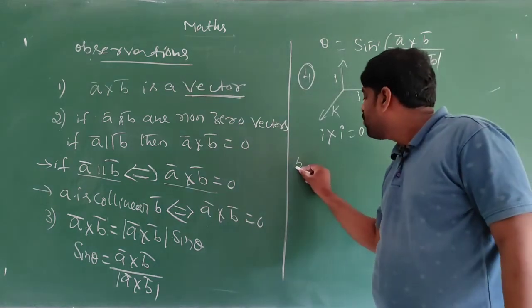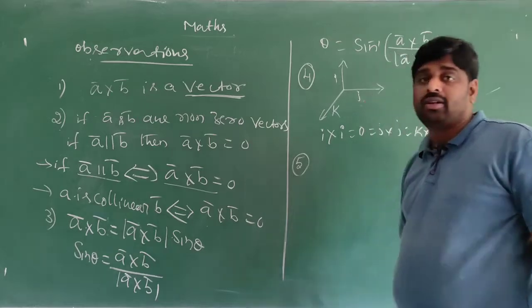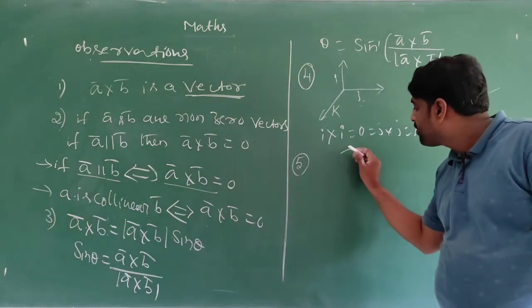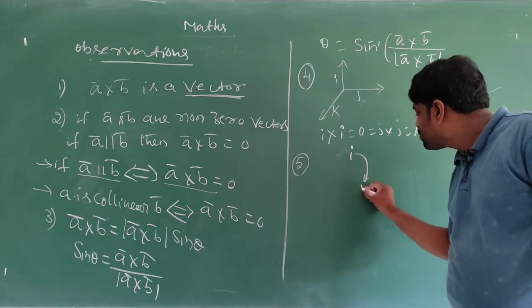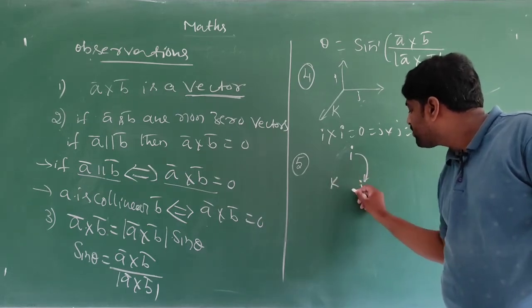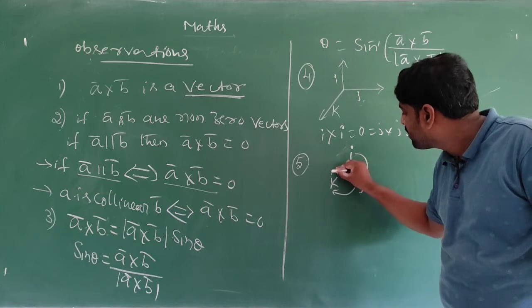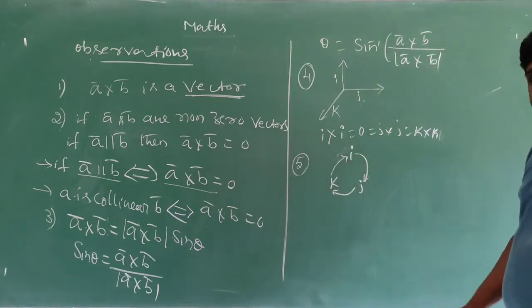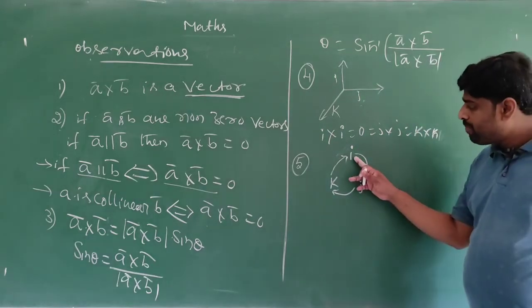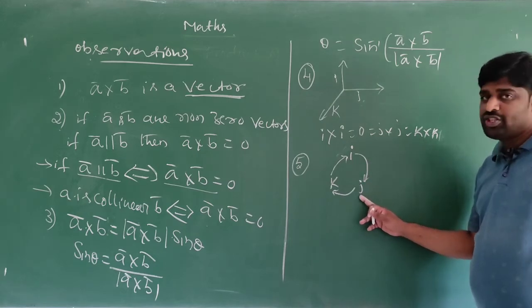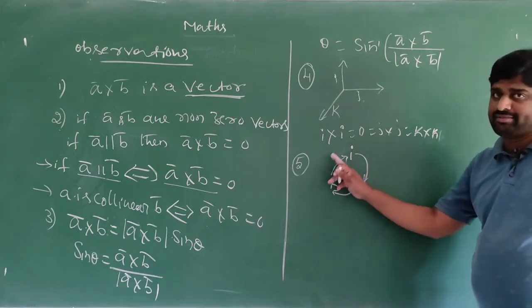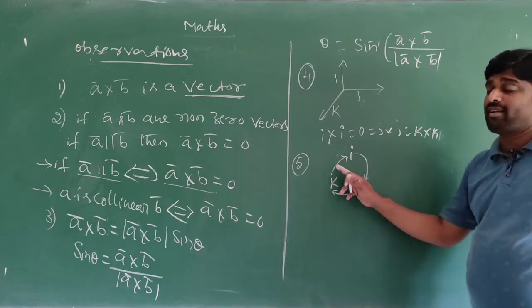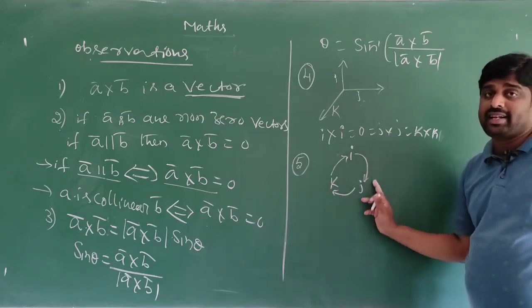Next, come to point number 5. This is i, this is j, and this is k. Dear students, observe here: i goes into the j direction. This is called cyclic symmetry.